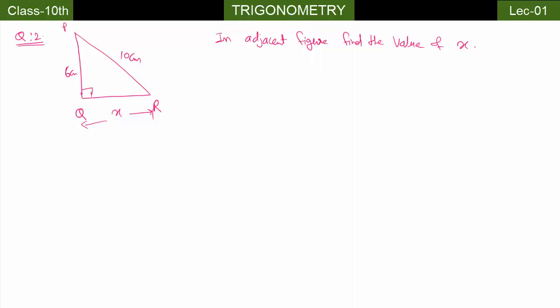That this is a right angle triangle. Here I am given the hypotenuse and one remaining side. So I can apply the Pythagorean theorem to find the value of X.